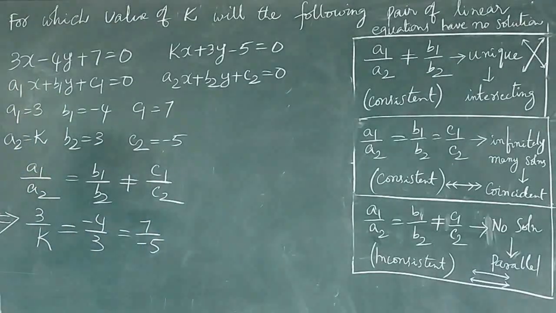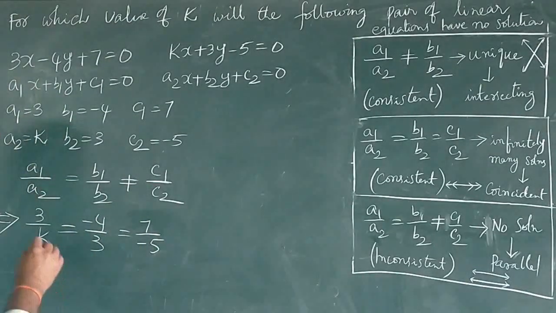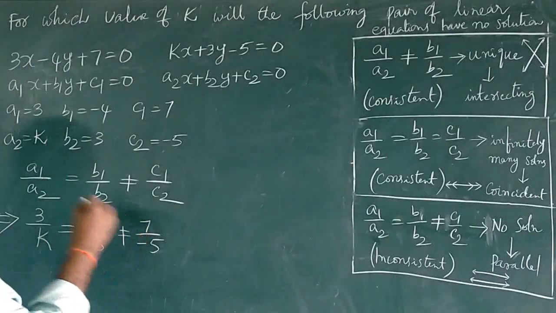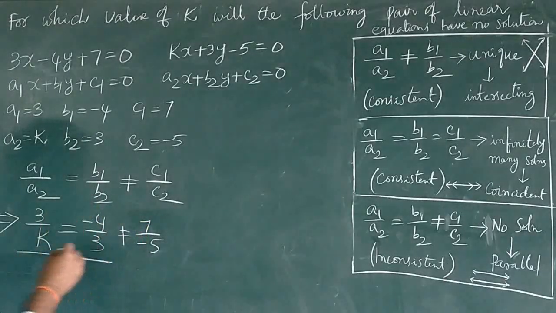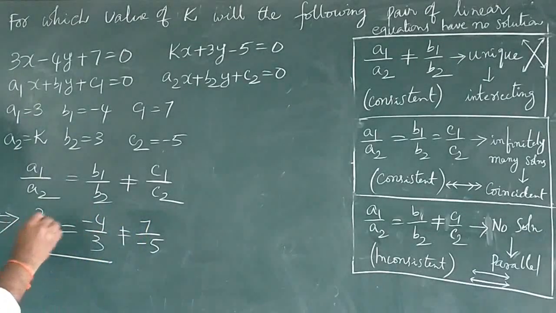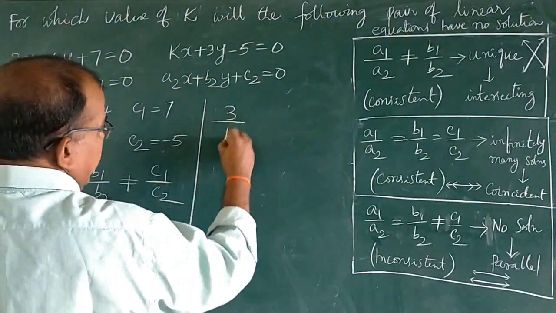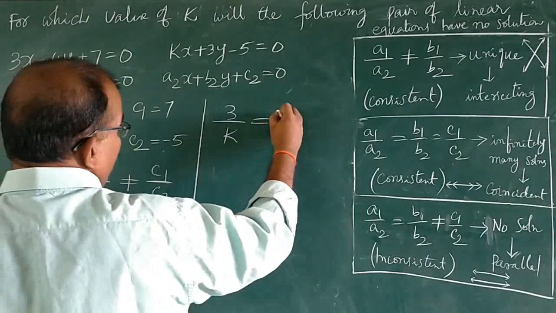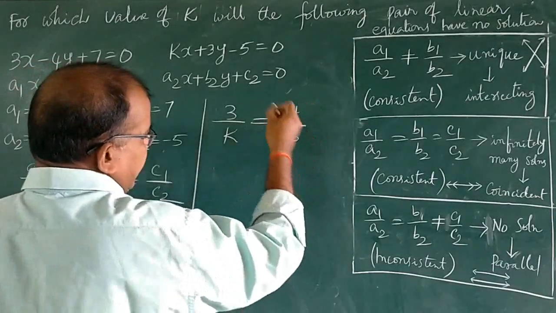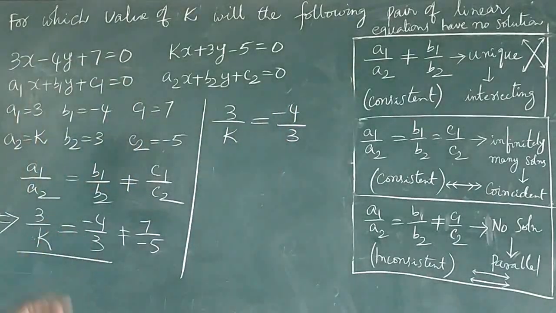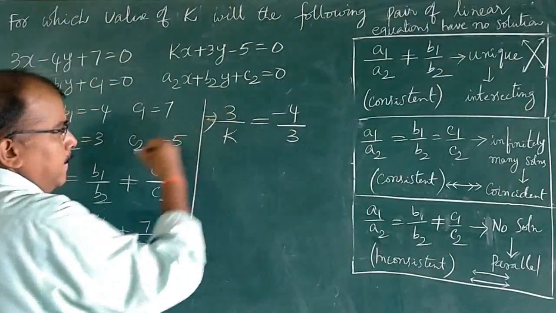For finding the k value, compare the first ratio and the second ratio. Here, 3 by k is equal to minus 4 by 3.